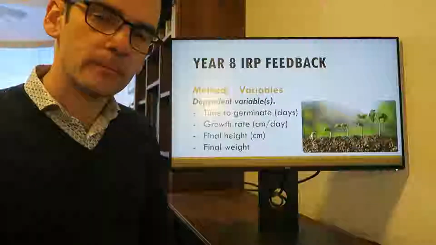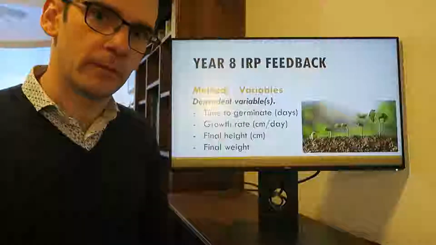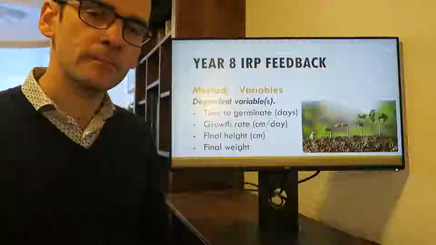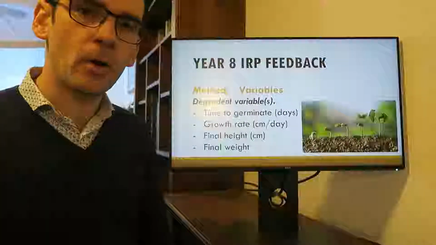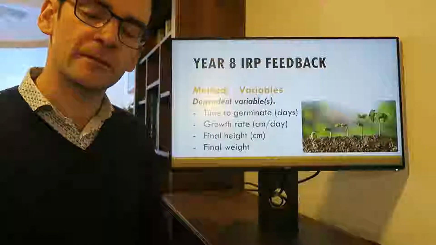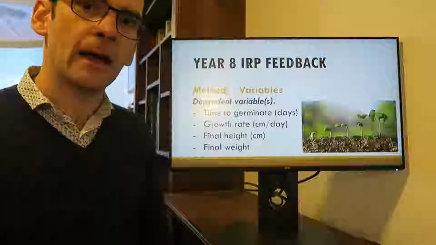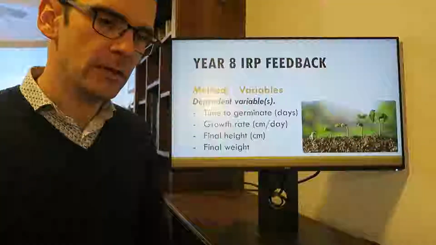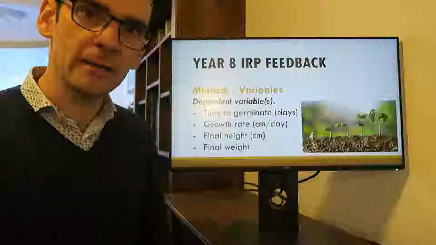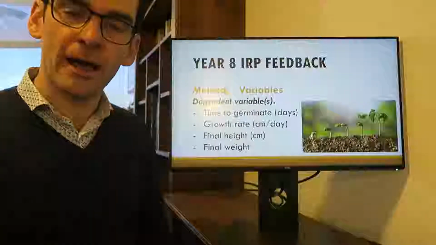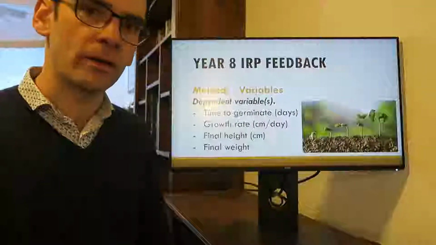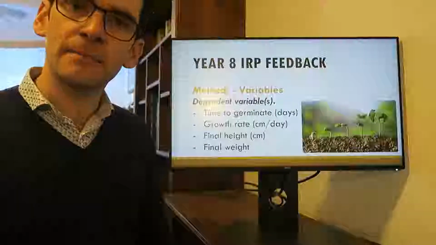Now, I noticed a couple of the reports that I was marking included some of the standardized or independent variables as dependent variables. I think there might have been some confusion just because they might have been measuring the amount of light, for example, in the dark or in the light, but that doesn't make it a dependent variable.